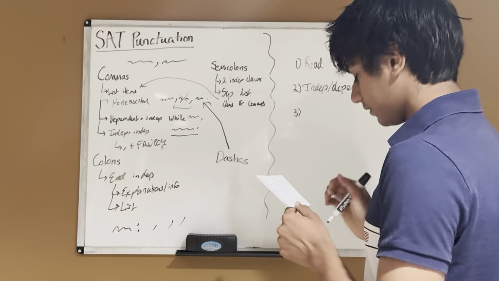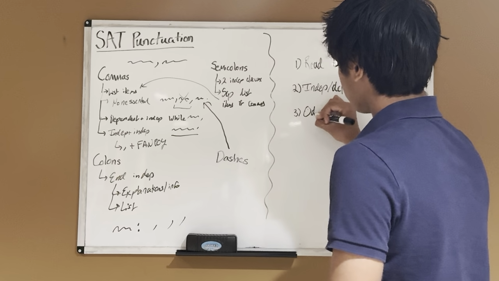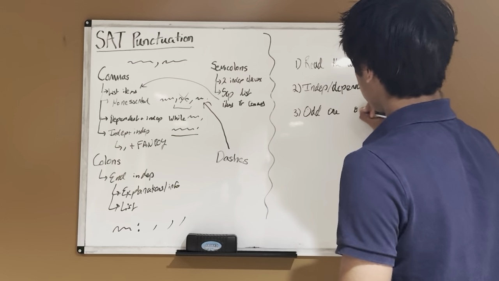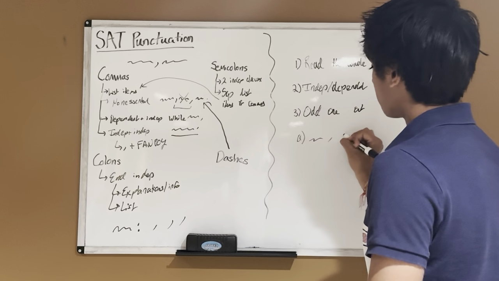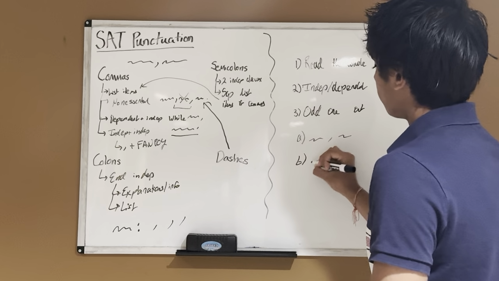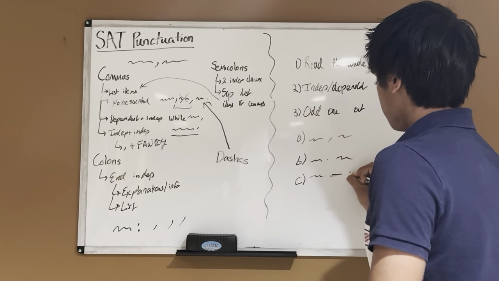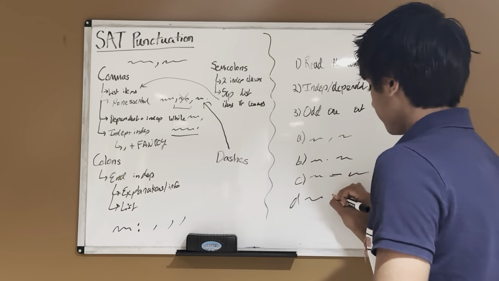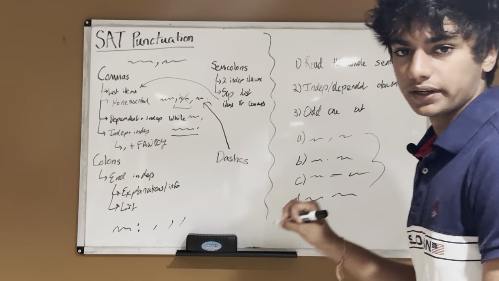And finally, my last tip is if you can't figure it out, you could always try the odd one out trick. So you can see, okay, in the answer choices we have a comma, we have a period, we have a dash, and we have nothing, right? You can say, okay, well, A, C, and D are all for connecting dependent clauses.